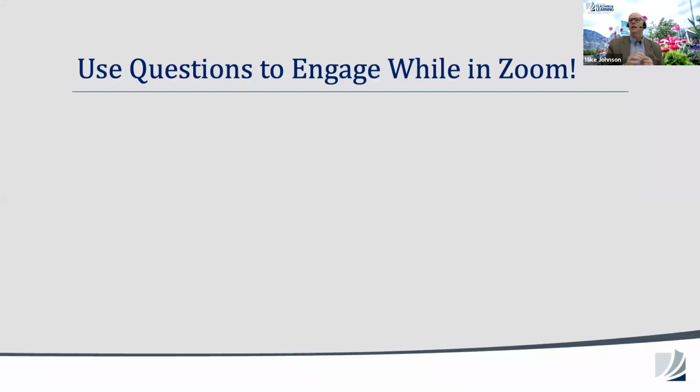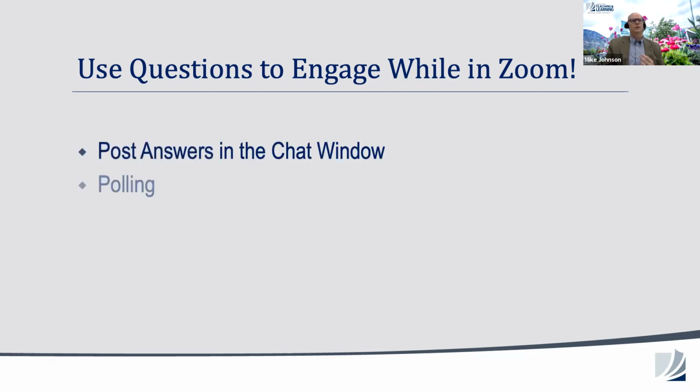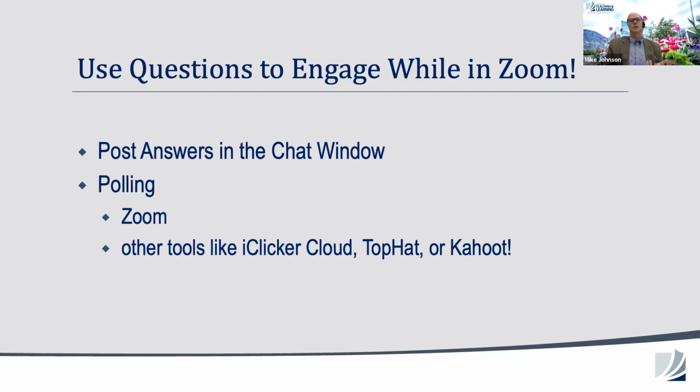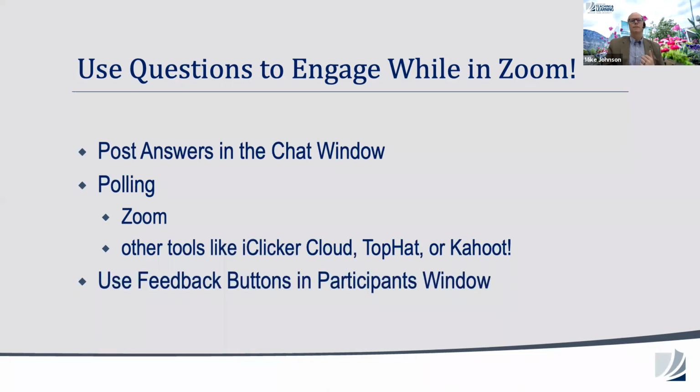If it's closed-ended questions, we can either conduct a poll or we can ask them to engage using the yes, no, go faster, go slower kind of indicators in the participant window and things like that. So let's just show those. We can use other polling technologies and stuff like that.